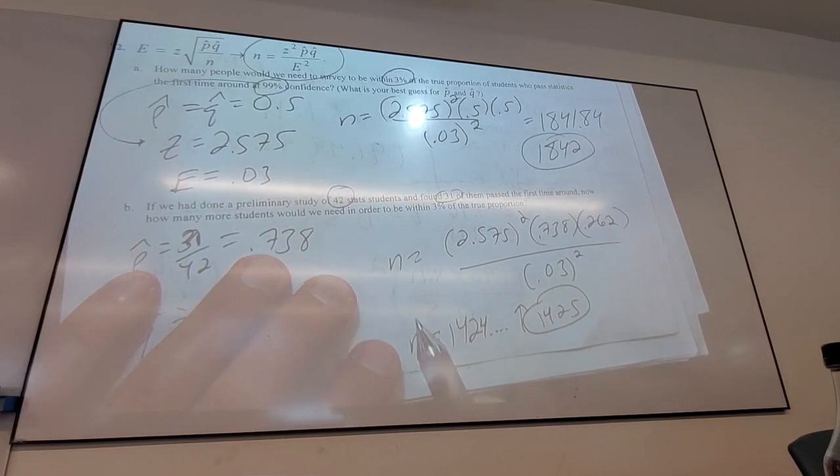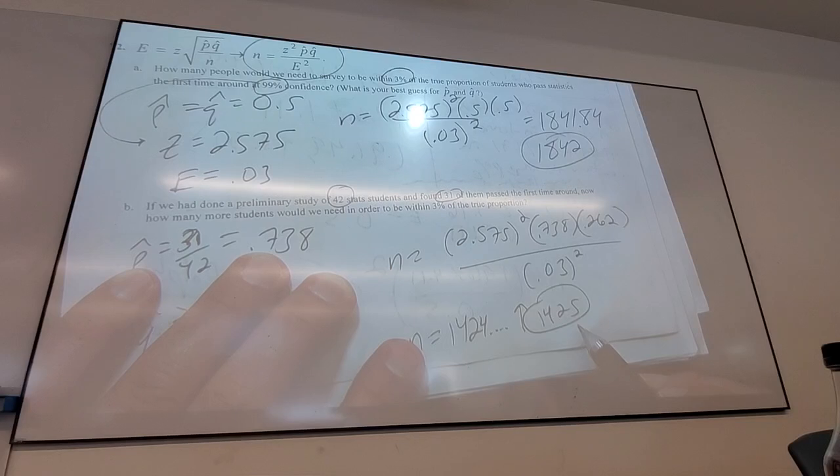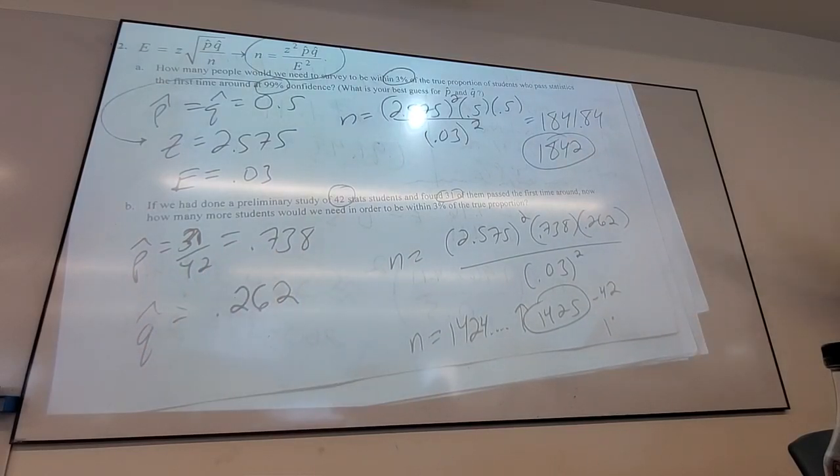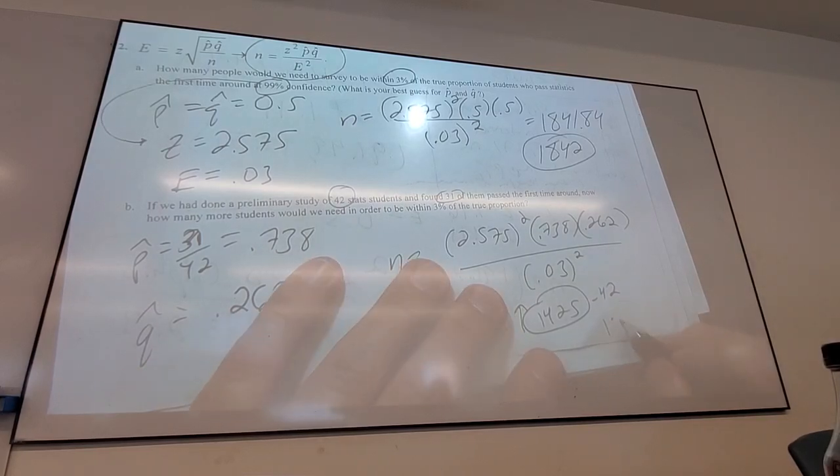How many did we already talk to? 42. And they need 1425 total. So I got 1425 I need. I've already talked to 42 people. 1383 sounds right.